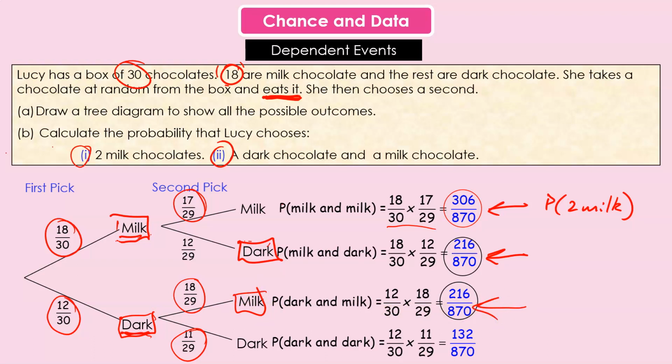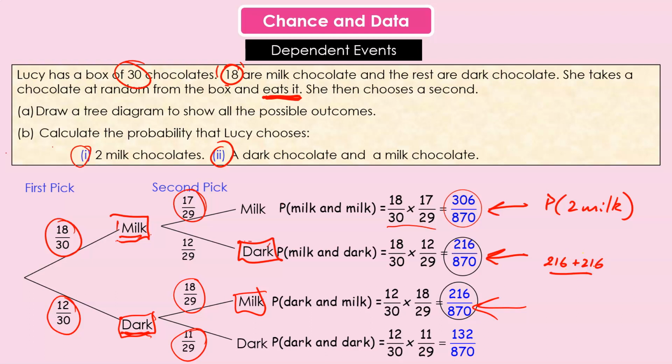So what we have to do is add them together. And this will illustrate the reason why it's a good idea to leave the same denominator if you can. Because these fractions have the same denominator of 870, I can just add them together as they are.